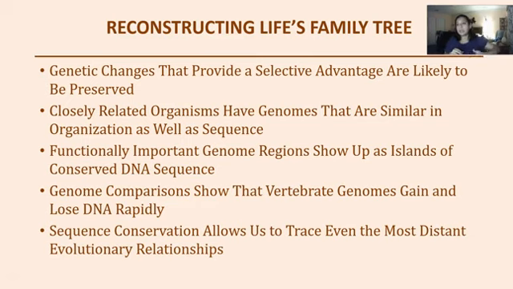We find that those are more likely to be preserved and conserved. Organisms that are more closely related to each other will have genomes that are more similar to each other in organization as well as sequences. Organisms that are more distant on the evolutionary tree will have fewer similarities, although there will still be large portions that are conserved because of their importance in the function and structure of those organisms or just life itself.